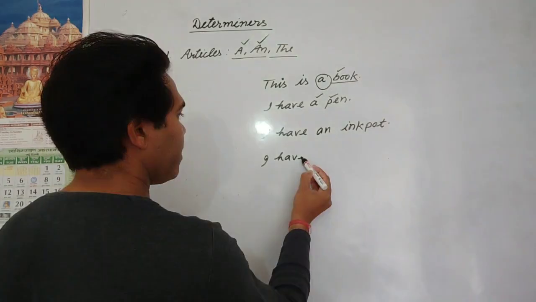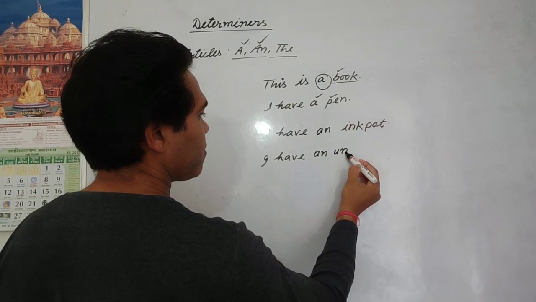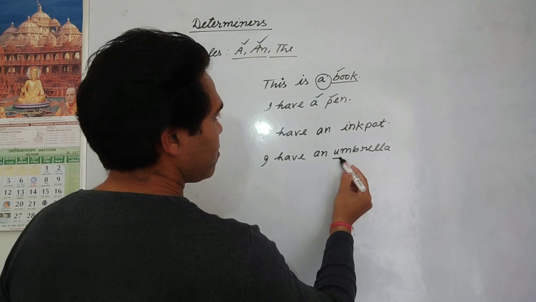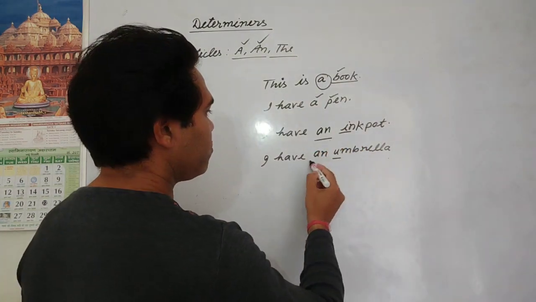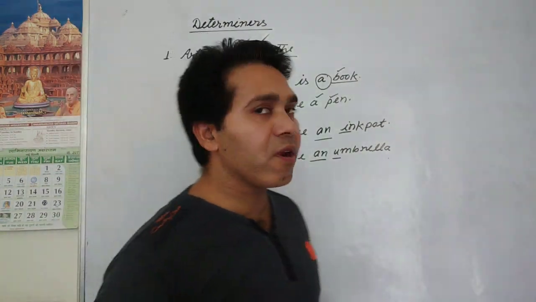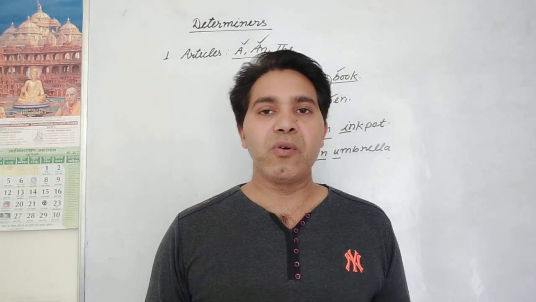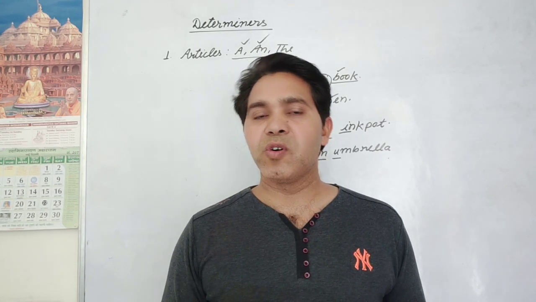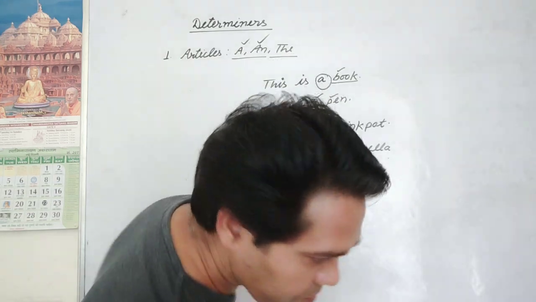I have an umbrella. We are getting the sound of a vowel, that's why an. You can see here, it means we use a or an according to the sounds. If we get the sound of a vowel, then we use an, and if we get the sound of a consonant, then we use a.